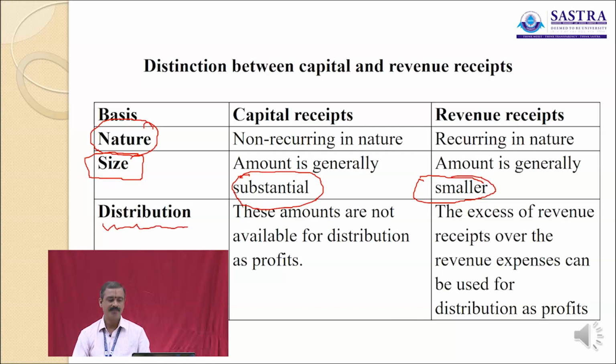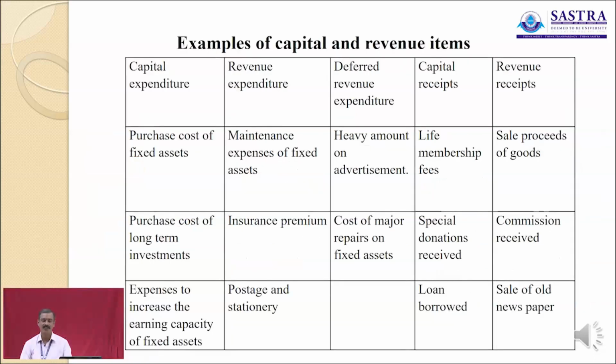And distribution. These amounts are not available for distribution as profits. The excess of revenue receipts over revenue expenses can be used for distribution as profits. Let us see some examples of capital and revenue items.